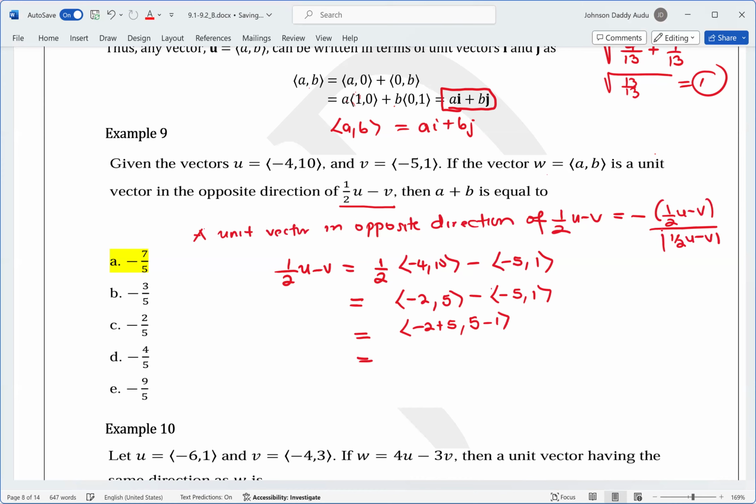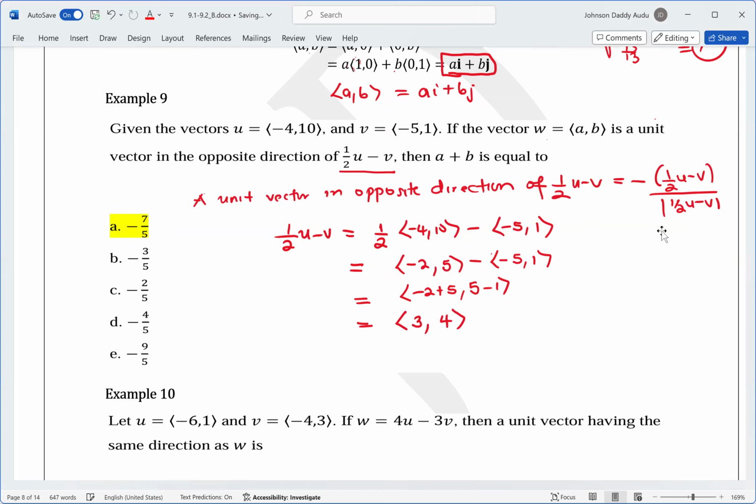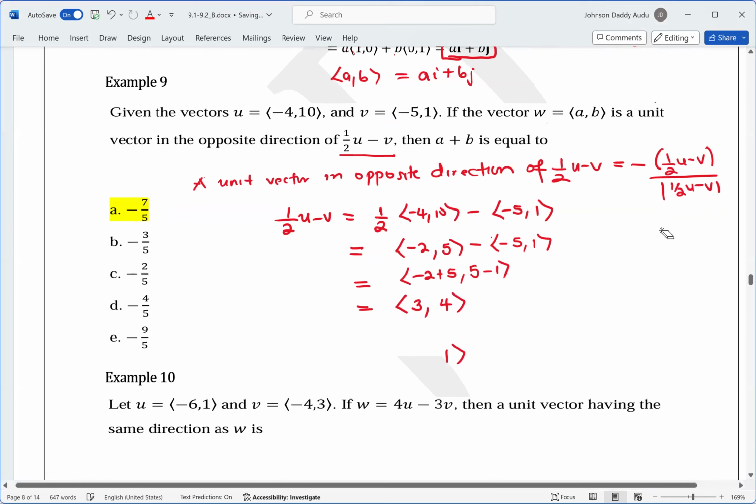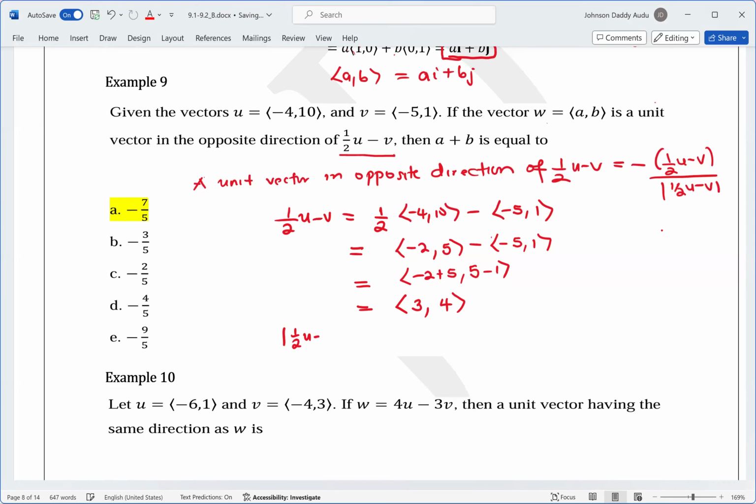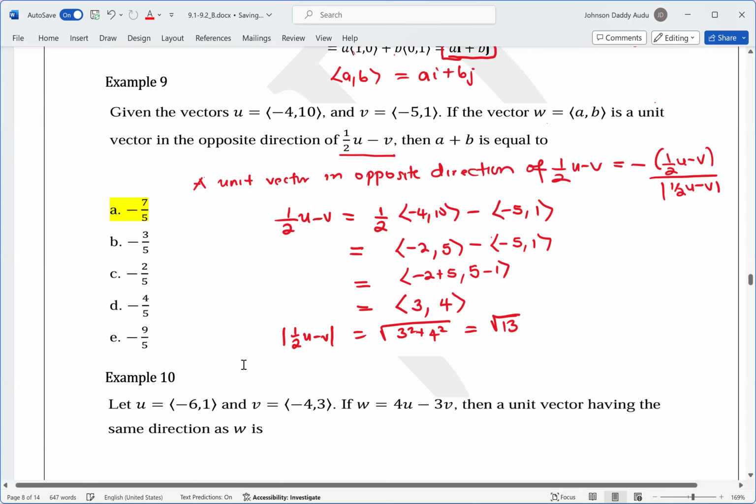And then you will have 3 and 4. Okay. So what is now the magnitude? The magnitude of half U minus V is just going to be 3 squared plus 4 squared, which is root of what? Of 13. Okay.